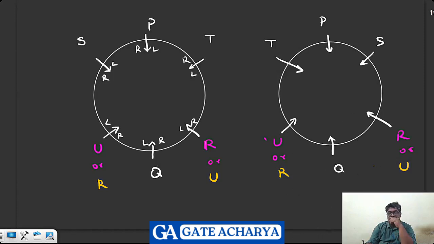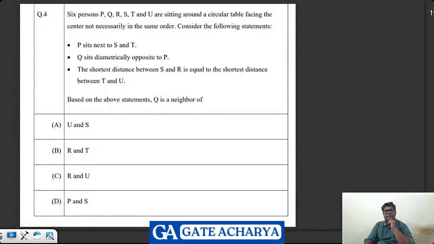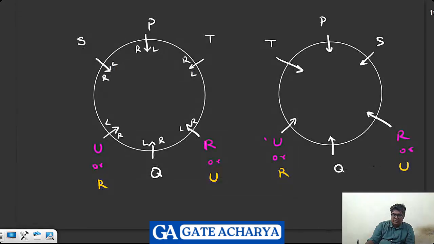Okay, now anything else mentioned? Let's see. So all the 4 cases are possible. Based on the above statements, Q is a neighbor of which people? In any case you take, the neighbor of Q is always going to be either U or R. See, U can be here, R can be here; R can be here, U can be here.